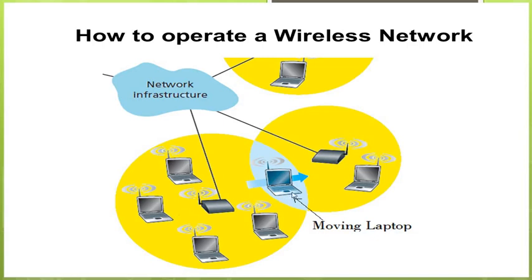If you see the diagram here, there is a moving laptop. All of these are mobile hosts. When a mobile host moves beyond the range of one base station and into the range of another base station, it changes its point of attachment into the larger network. This is known as handoff.